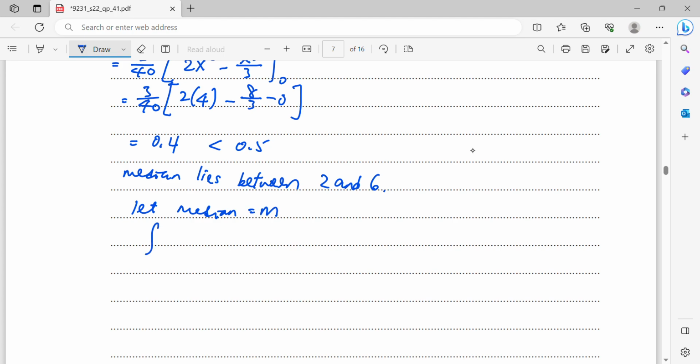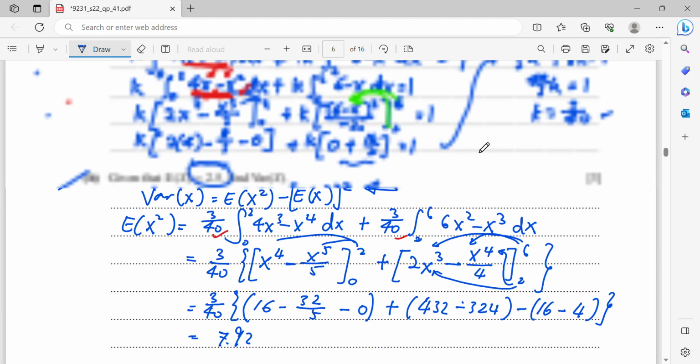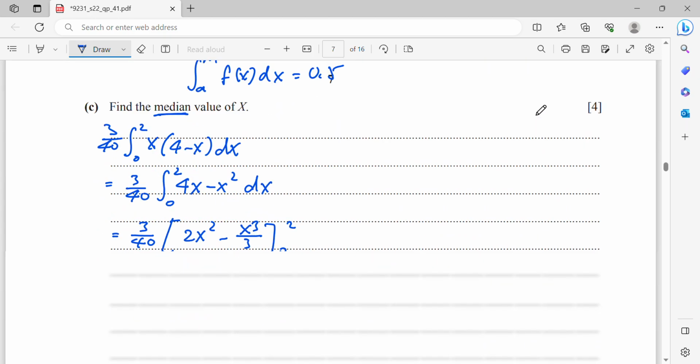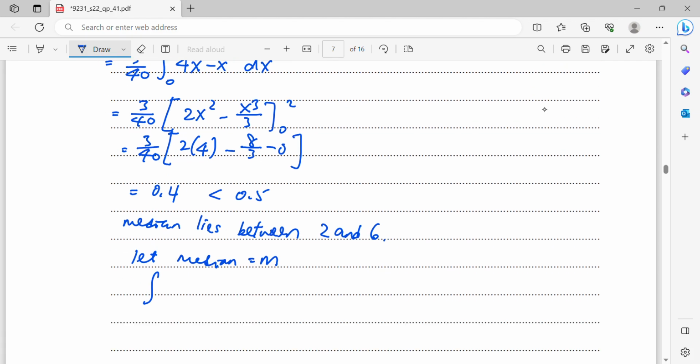So now for your second integration, the interval starts from 2 until 6. We need to integrate from 2 to m so that the probability will be another 0.1. Because we know that from 0 to 2, the probability is 0.4.